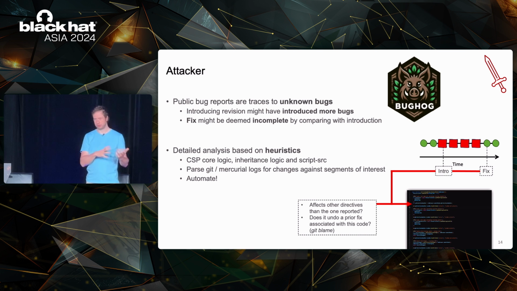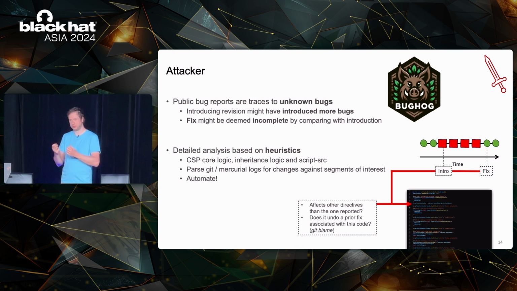So we can look more deeply into the introducing revision, because as we found, it's quite likely that other bugs were introduced in the same revision as well. And we can also look at the fix and see whether the fix is complete, covers everything. And we can even compare it with the introduction to see if everything was fixed correctly.